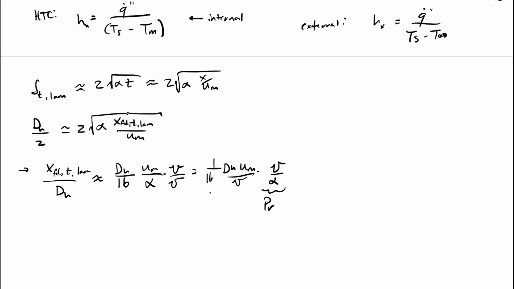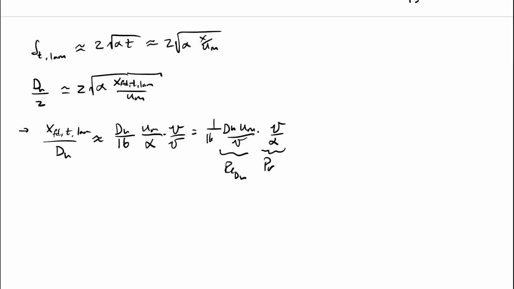And this here, sorry, not the 1/16, this is our Reynolds number in terms of D_h. We can rewrite this with what you normally see, which is x_FD,T laminar is approximately equal to 0.063 times Reynolds in terms of D_h times our Prandtl number.